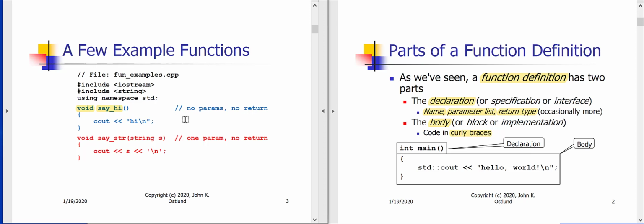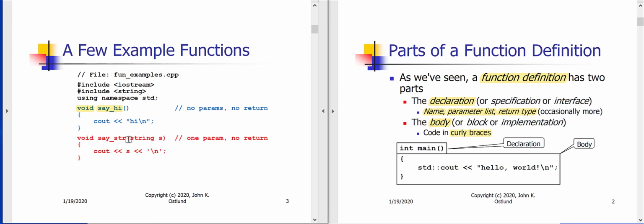This is one of the most common uses of the word void: if you have a function that does not explicitly return a value like an int or a float or a char or what have you, then you specify that the return type of that function is void.